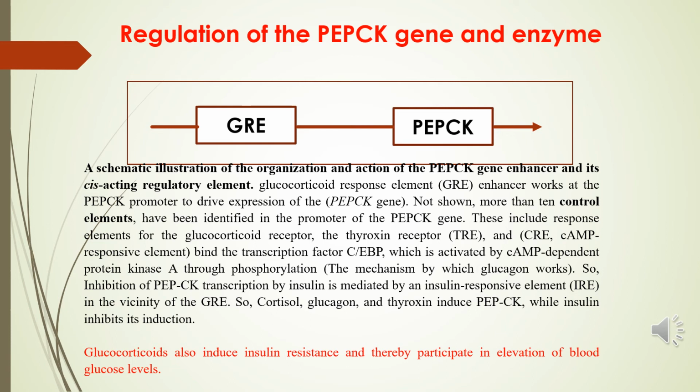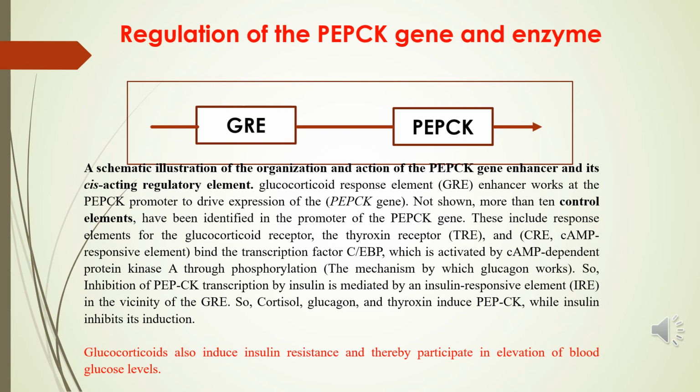The phosphoenolpyruvate carboxykinase gene transcription is inhibited by insulin, and this action is mediated by an insulin responsive element in the vicinity of the glucocorticoid response element.